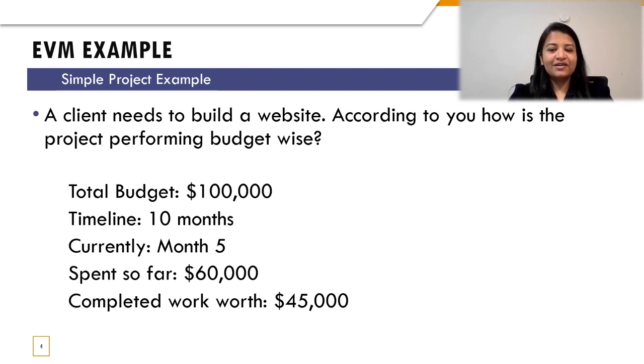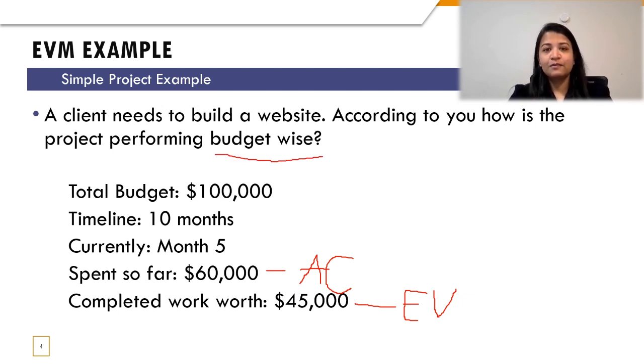Firstly, make sure that you understand that spent so far is also called AC in our formula language. Next, completed work worth is nothing but EV, which is earned value. Now, based on this, I have been asked to find out how the project is performing budget-wise. In that case, I am supposed to find the cost performance index, and I have to understand that if the value is greater than 1, the project is going very well.